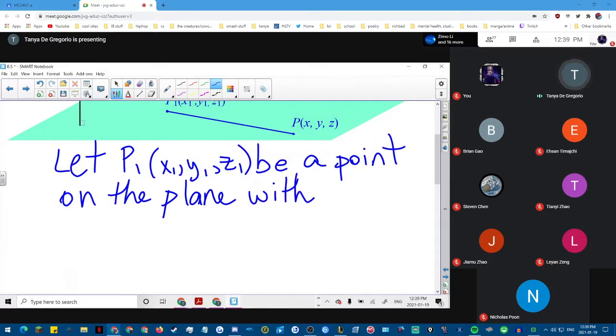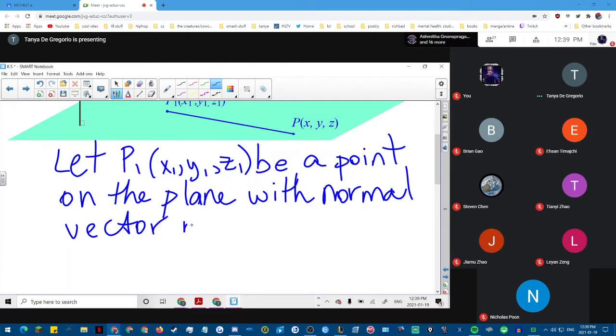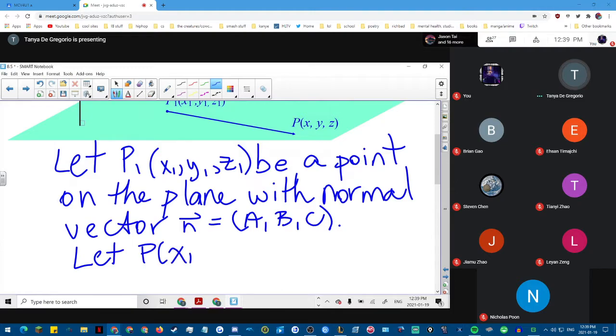And the plane has normal vector ABC. Let P, X, Y, Z be any other point on the plane.